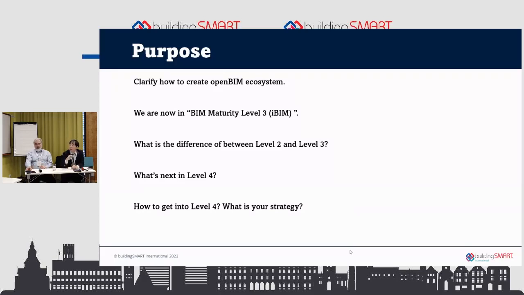My question is, we are now at the BIM maturity level, iBIM. What is the difference between level 2 and level 3? What's next, level 4? And how do we get into level 4? What is your strategy? That is the scenario I'll trace today.